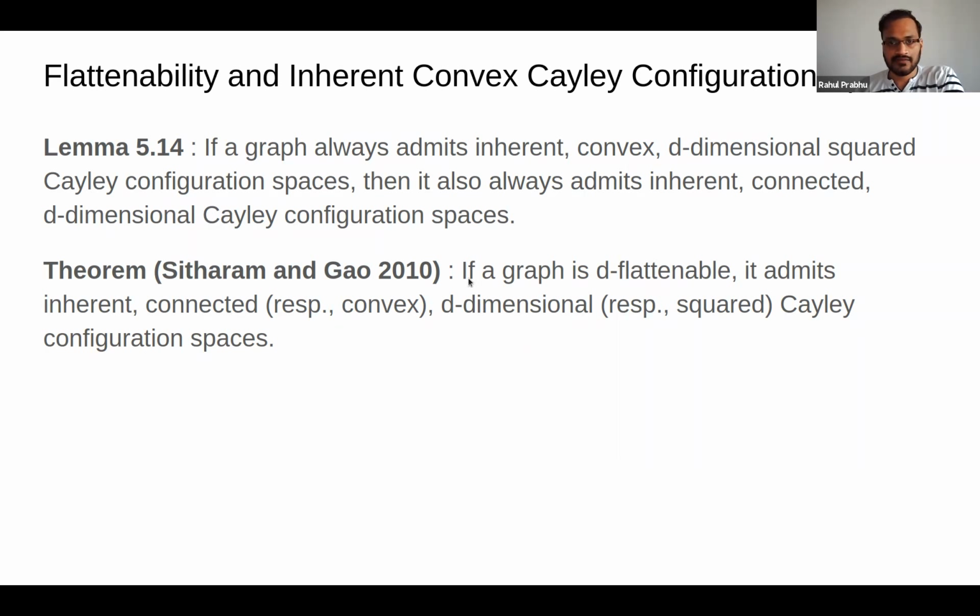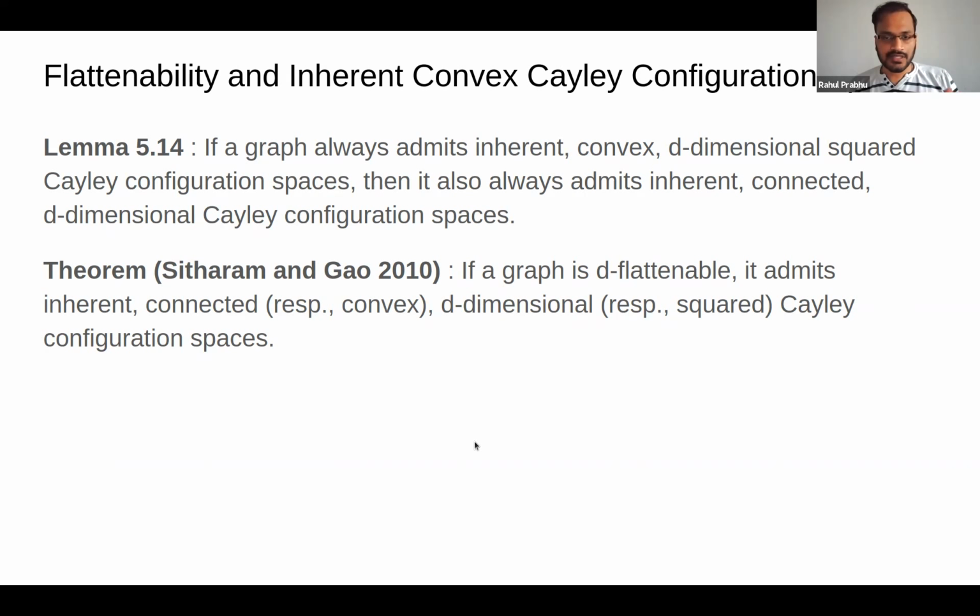So this is going in one direction. This was proved in the Sitharam and Gao paper for L2 only. But a later paper proved this for general LP norms, and also proved the reverse direction.